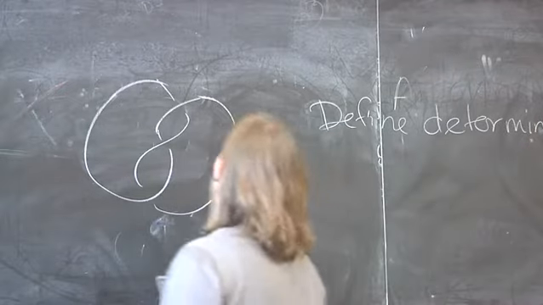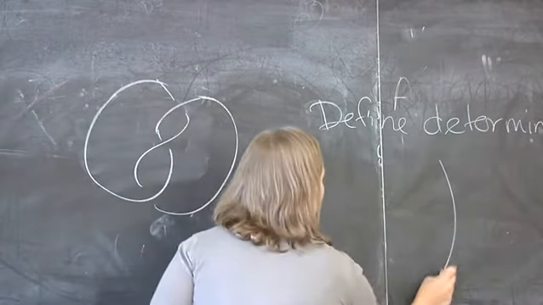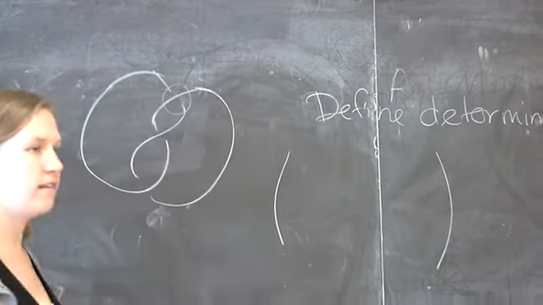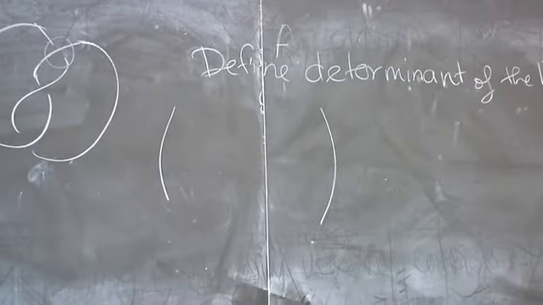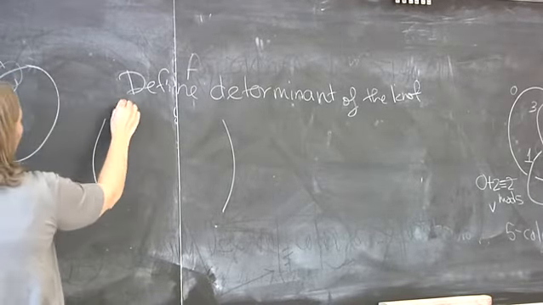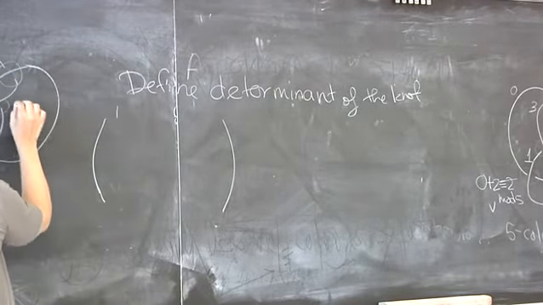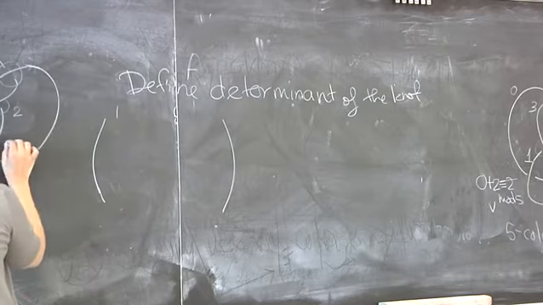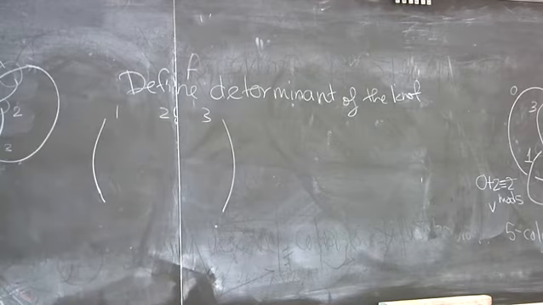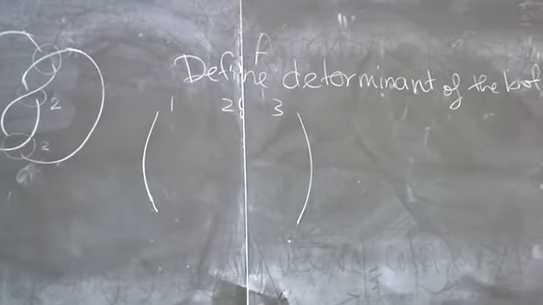And the way we do this is we associate a matrix to the knot. And every crossing has a row in the matrix or a column in the matrix. It doesn't matter. So at this crossing, we're going to call this crossing 1, this crossing 2, and this crossing 3. Okay, so I've apparently chosen columns.